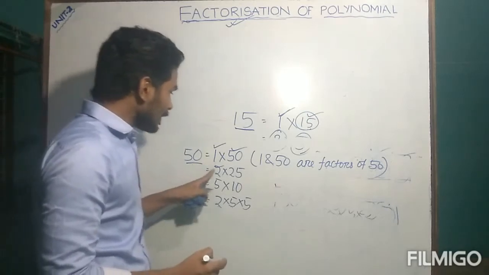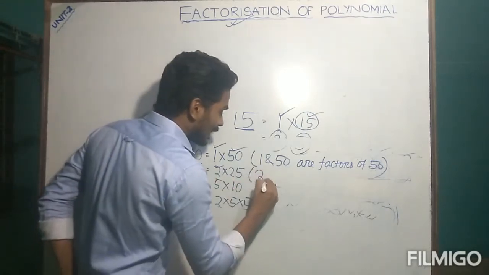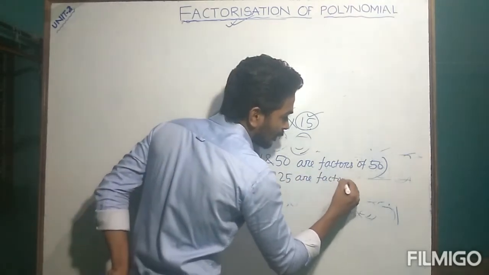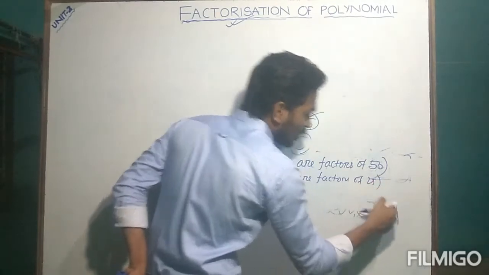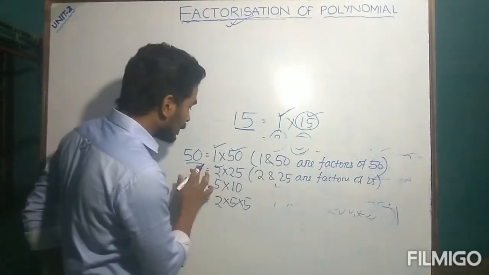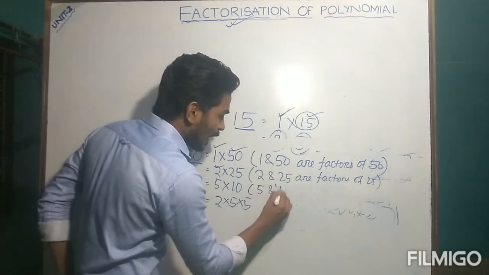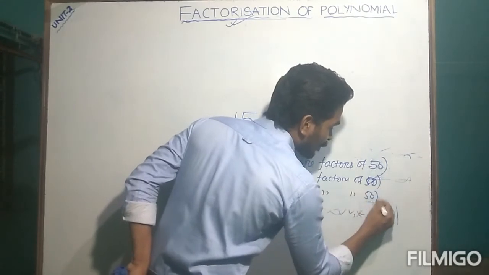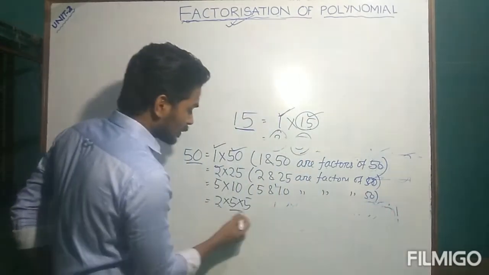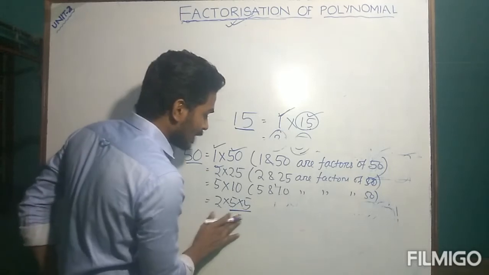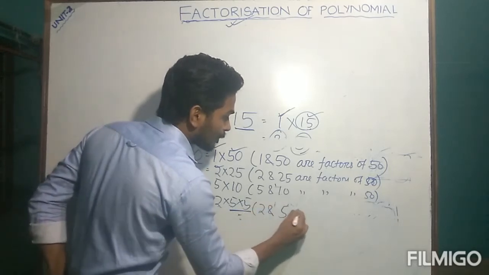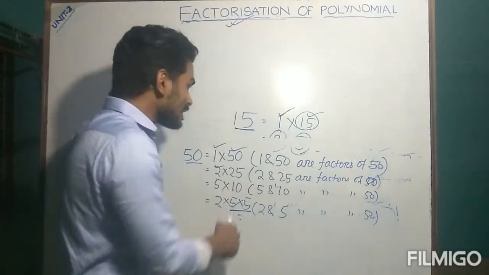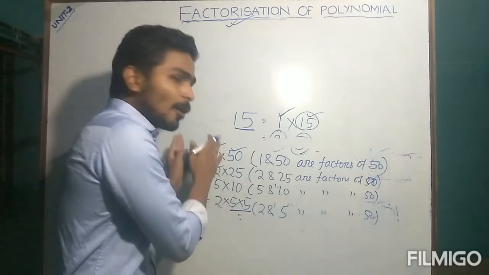Since 50 can be written as 2 into 25, then you can say 2 and 25 are factors of 50. 50 is equal to 5 into 10, so 5 and 10 are factors of 50. And the last one is 2 into 5 into 5, so you can take it as a single 5. So you can write 2 and 5 are factors of 50. So in these four cases we find the factors of 50.